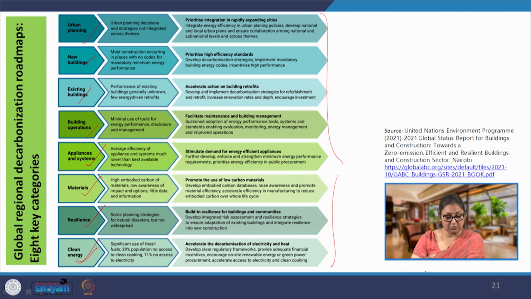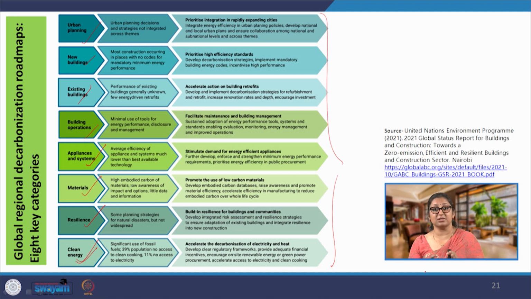So, we have to encourage the use of energy efficient appliances in buildings, and also create a market and policy mechanism to promote and support them. Use of low carbon materials, building in resilience for buildings and communities, and acceleration of decarbonization of electricity and heat. This is how we should be able to reach net zero emission in the building and construction industry.